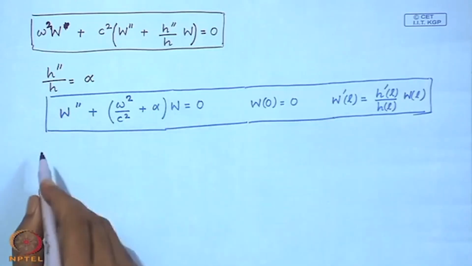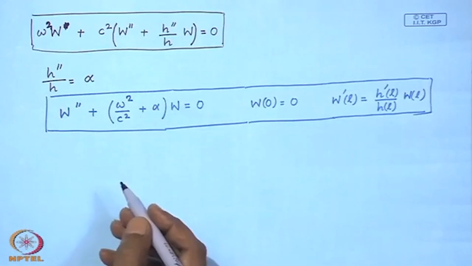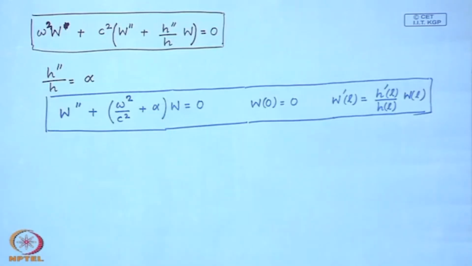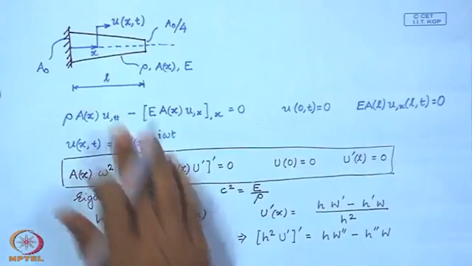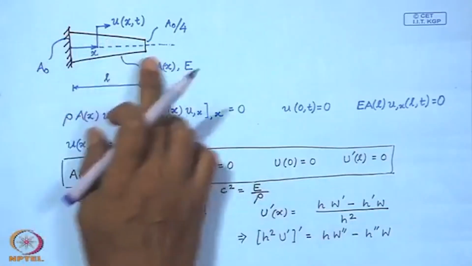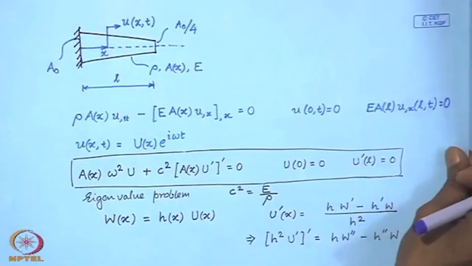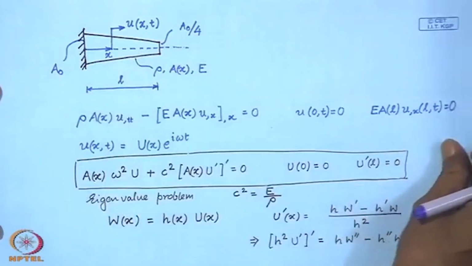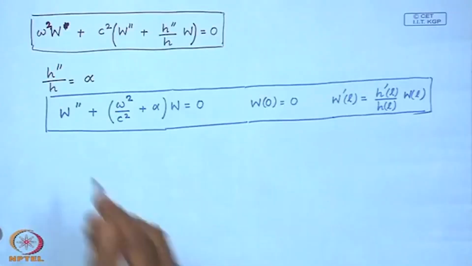So, let us consider a particular case that I had shown in this figure. Here the radius is reducing linearly and the area goes from A 0 to A 0 over 4.